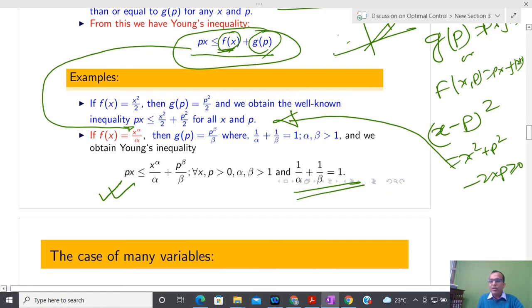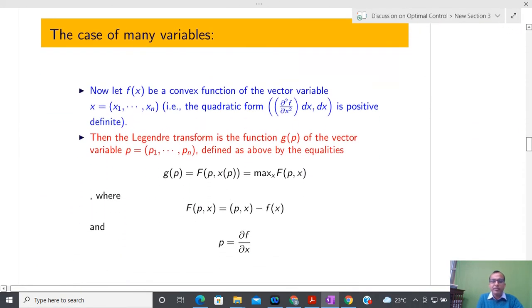Now suppose you have a multi-valued convex function. Obviously convexity is very important. Whenever you have to check convexity, you have to calculate the second derivative, which means you have to calculate the Jacobian matrix and make sure that it is positive definite.